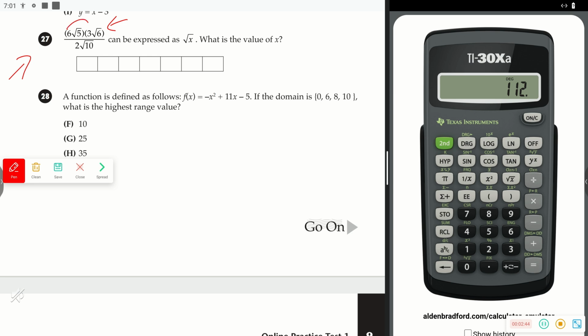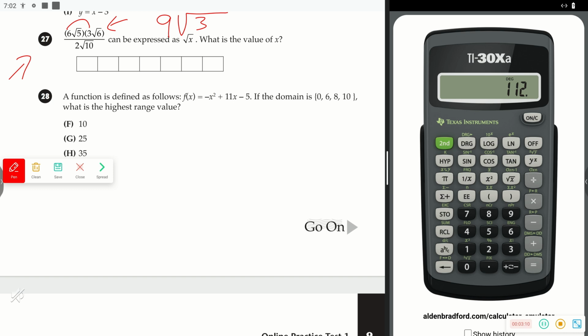So in this case, we're going to do 6 times 3, which is 18, divided by 2. So we're going to have 9, and then we have to do the radicals. 5 times 6 is 30. 30 divided by 10 is 3. So we're going to have 9 times the square root of 3 as the answer for number 27.